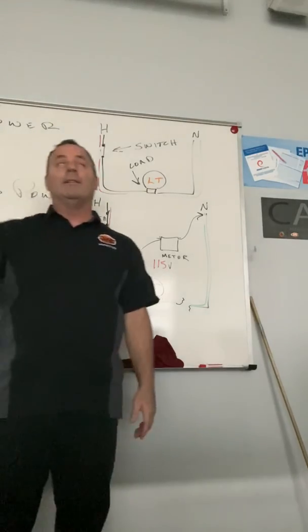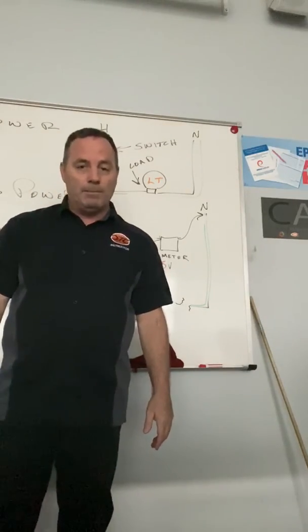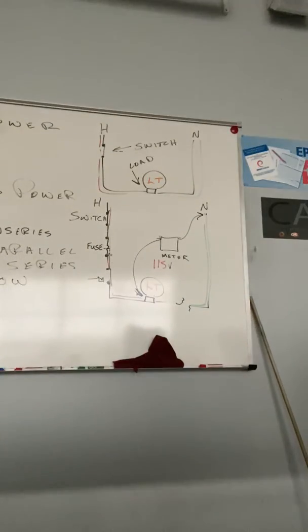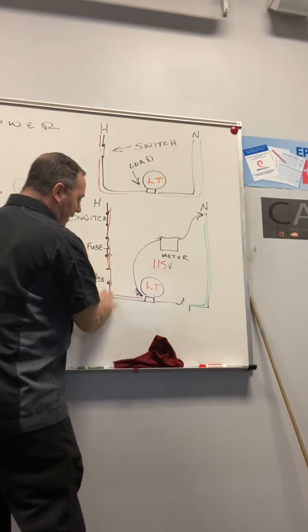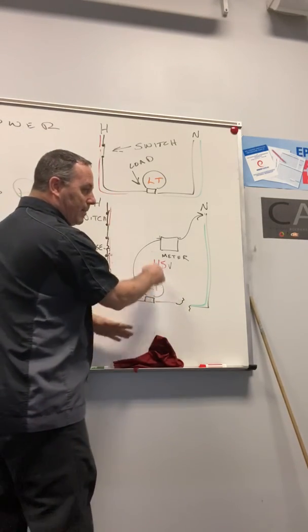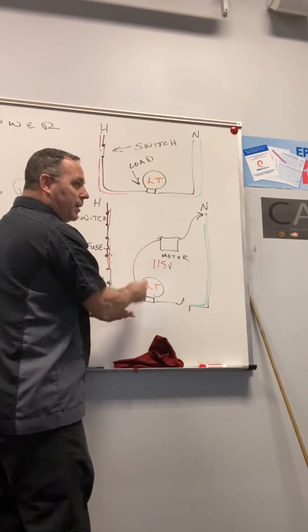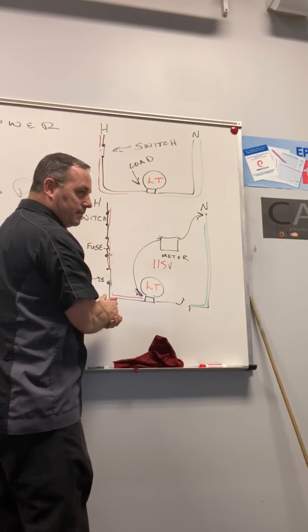No, you're going to think, hey, there's something wrong with the light bulb. So that brings us to the next principle. If I have power to my light and my light does not burn, the light bulb is bad.